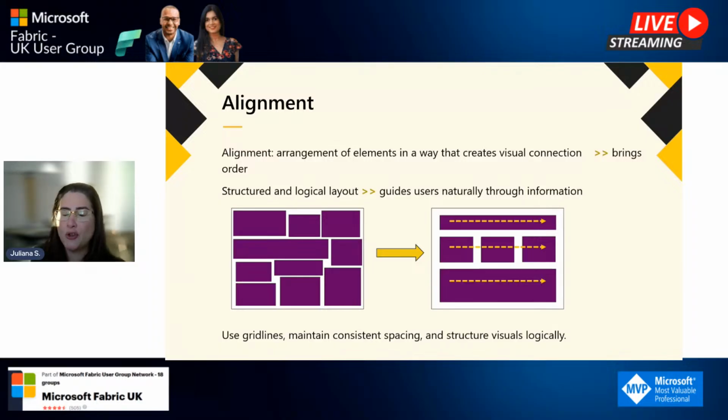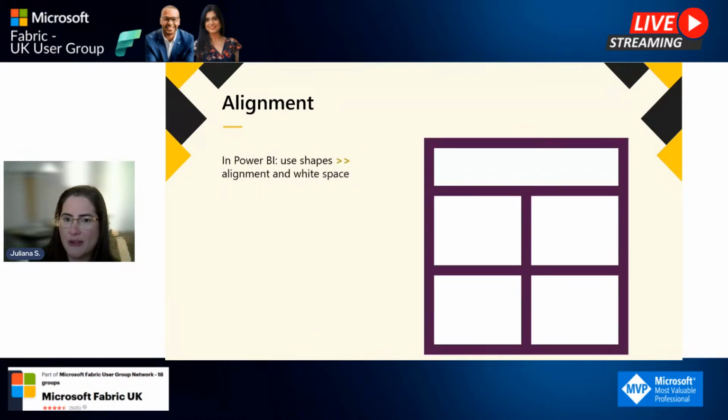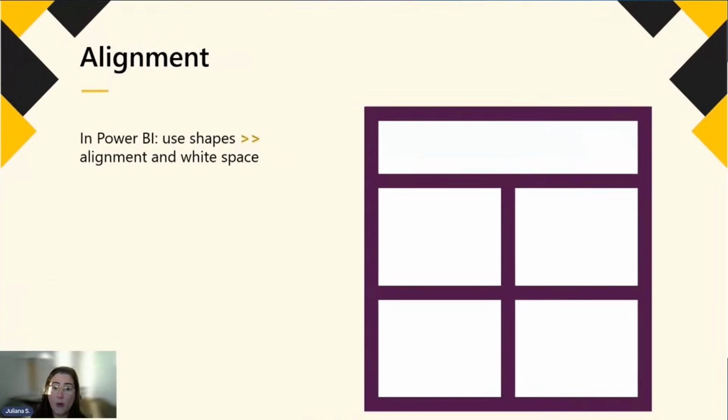And you don't really need anything fancy to create your alignment. Something that I found quite useful: I open Power BI, I open my canvas. After I set up my canvas size, I add shapes exactly how you can see here. These are shapes, and I know where each one of the visuals will fit, and I know how to align them. So you kind of hit two things, right?